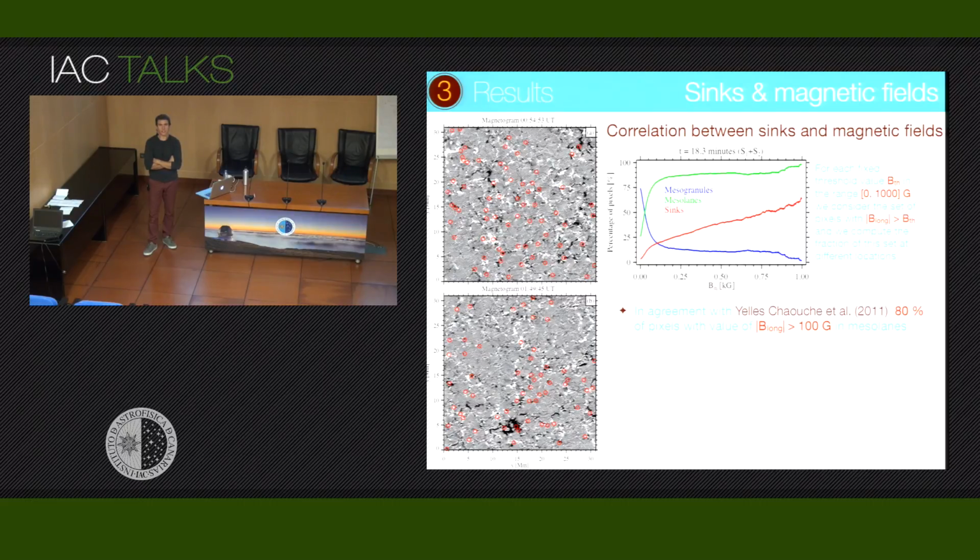So I'm just wondering how you can compare the magnetic field of these three different features when they have different lifetimes. Because the evolution for every feature would be different. The magnetic field would be different during the evolution, right?